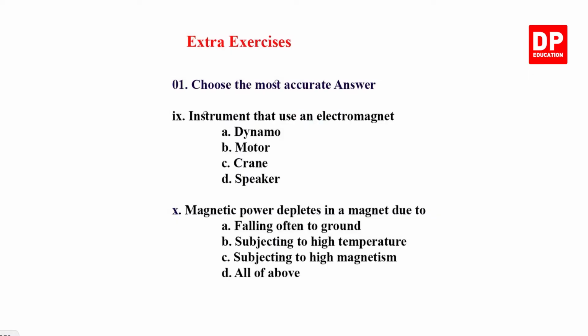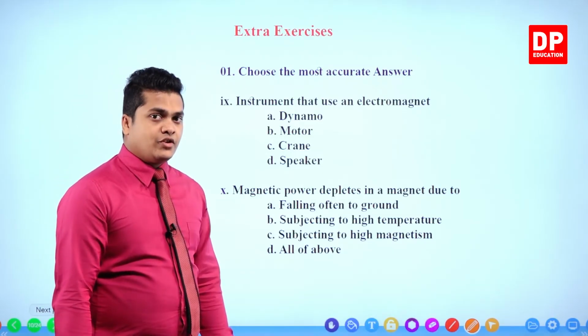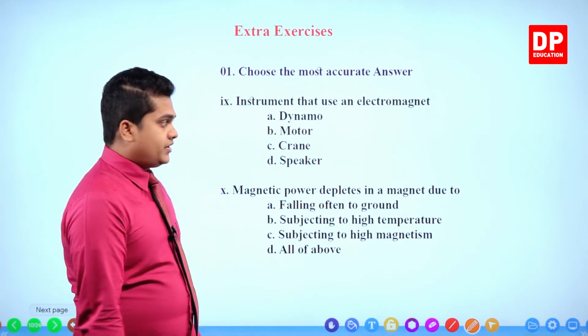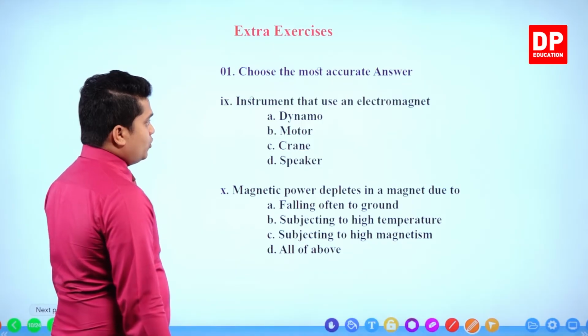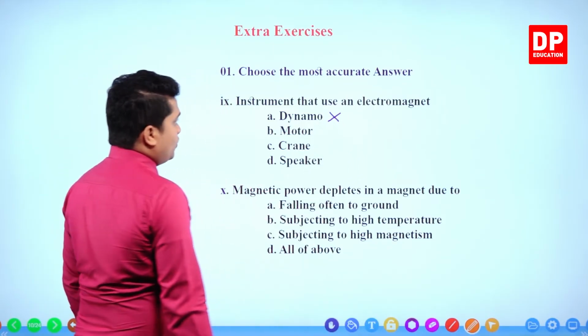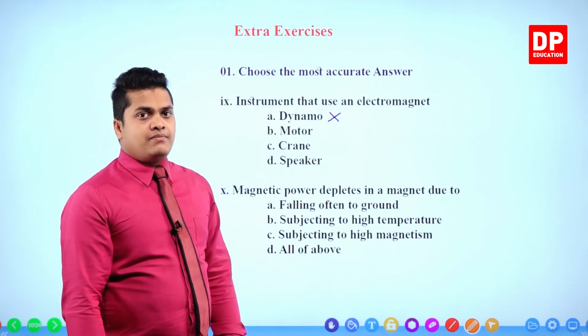Instrument that uses an electromagnet. We need to select an instrument which uses an electromagnet. Dynamo is incorrect. In a dynamo, we use a permanent magnet.